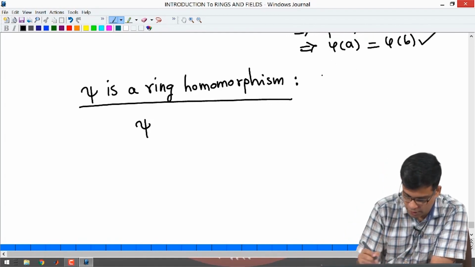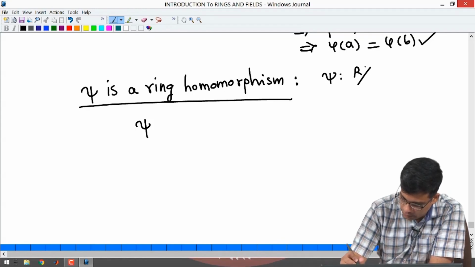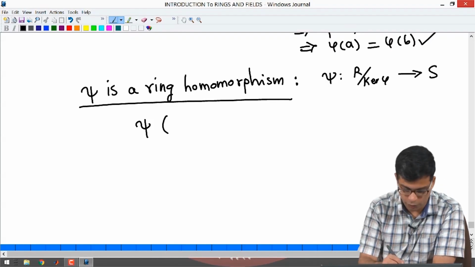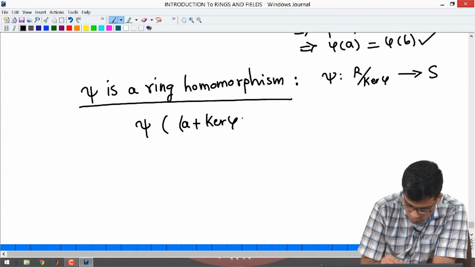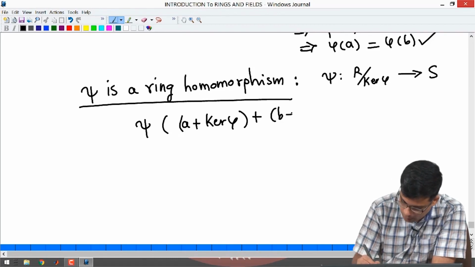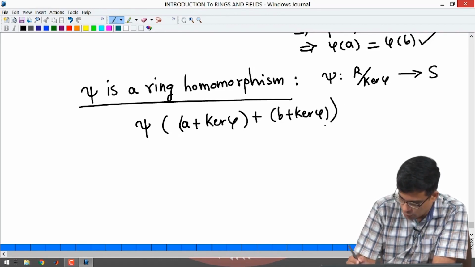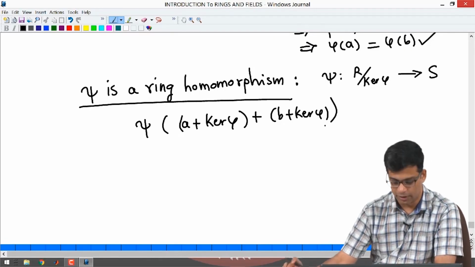Remember psi is a function from R mod kernel phi to S. We want to check that psi of A plus kernel phi plus B plus kernel phi equals psi of A plus kernel phi plus psi of B plus kernel phi. So take two arbitrary elements of the quotient ring, take their sum and apply psi.